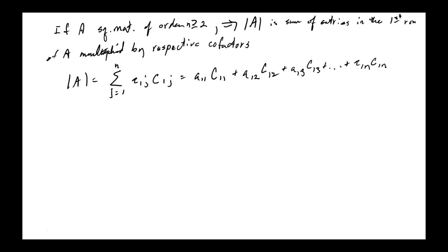That's all that's there. And then you do plus A12, which is this one, times minus C12, the cofactor down here, because that's the negative value. And then you don't have any of the others, you've done it. So that's what gives you that.